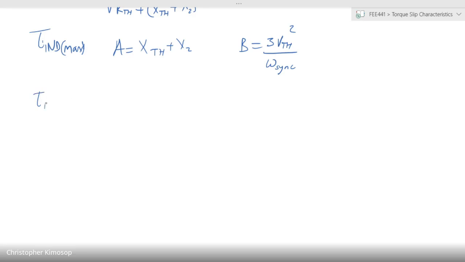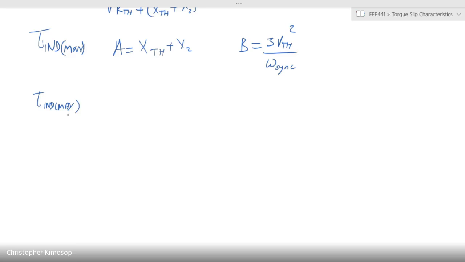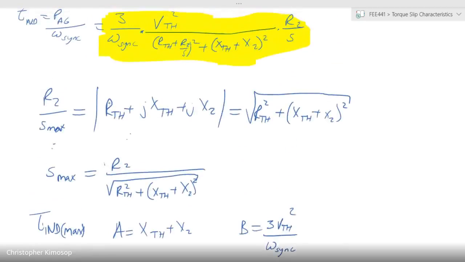So, the maximum induced torque will be given by this same formula here.